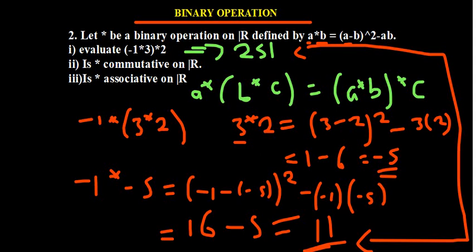They can give you a set. They say set A, for example, consists of members 1 up to 4. Then they say determine whether addition is a binary operation on the given set. What I'm saying is, instead of stating real numbers or natural numbers, they can just say set A consists of members 1, 2, 3, and 4.